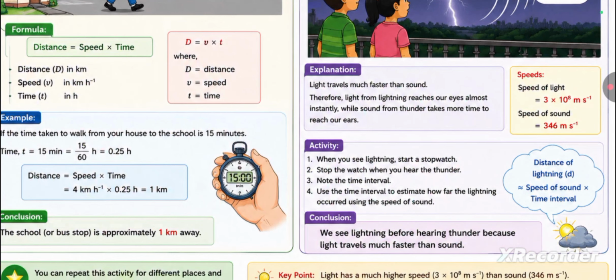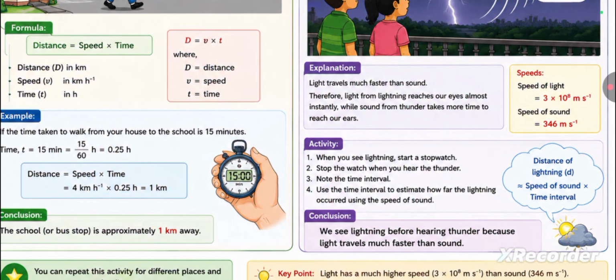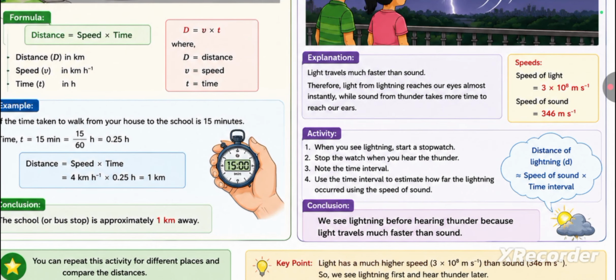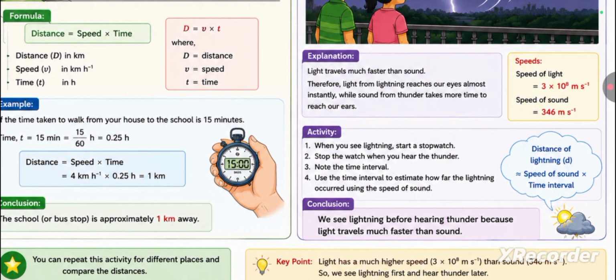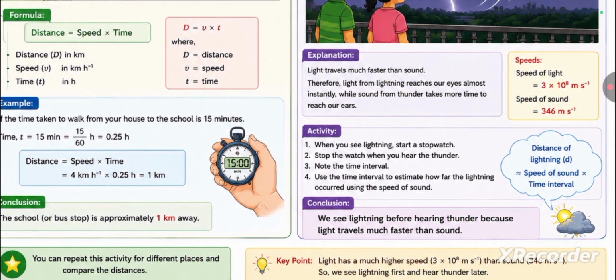Stop the watch when you hear the thunder. Note the time interval between lightning and thunder. Use the time interval to estimate how far the lightning occurred using the speed of sound. Here, the distance of lightning d is equal to the speed of sound times the time interval. Now we have to measure the distance of lightning.